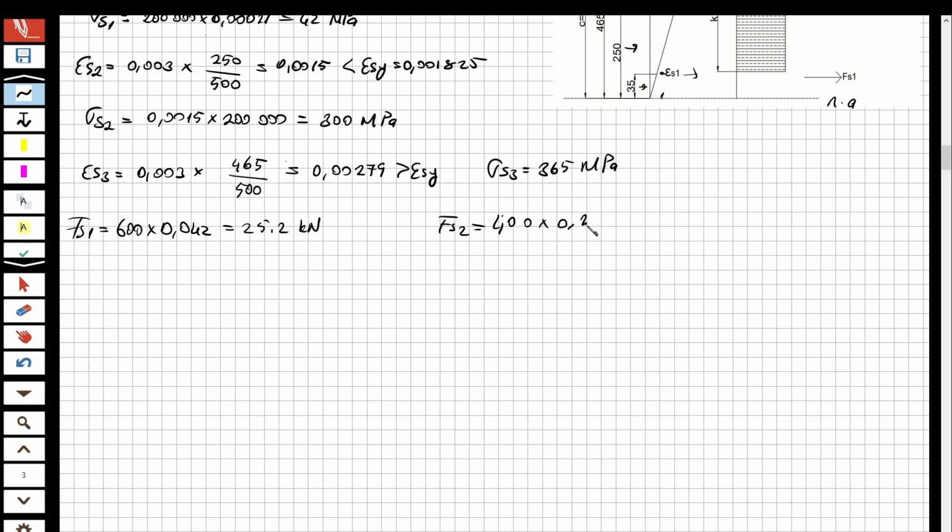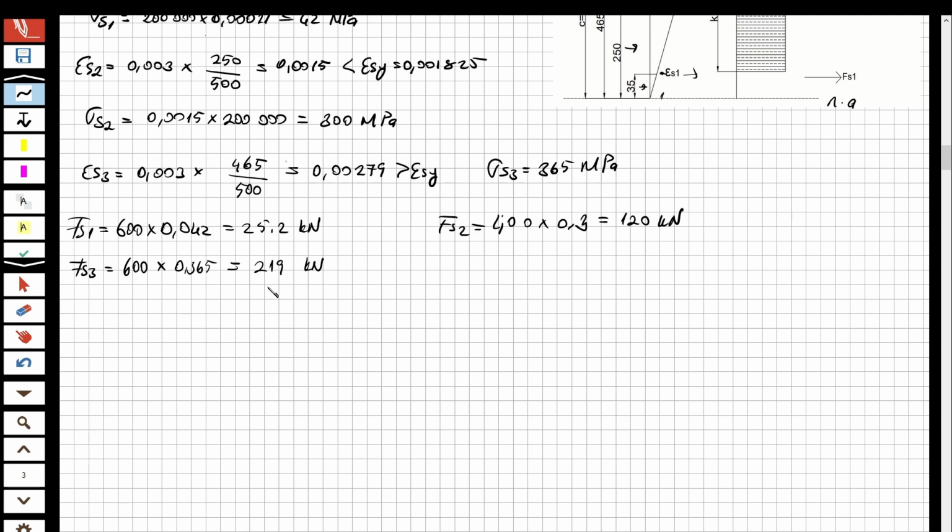Multiplied by 0.3, the stress, divided by 1000, so it's going to be 120 kilonewton. So let's do it for S3. The third steel is 600, the same area, multiplied by the stress 0.365. This is equal to 219 kilonewton.